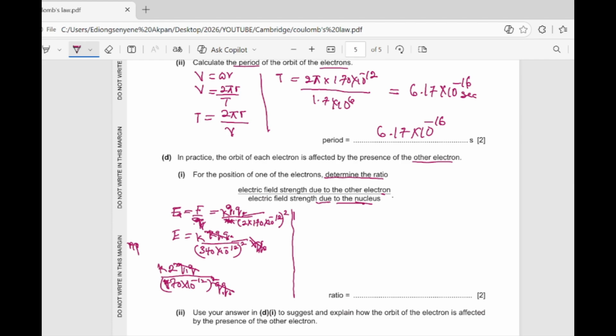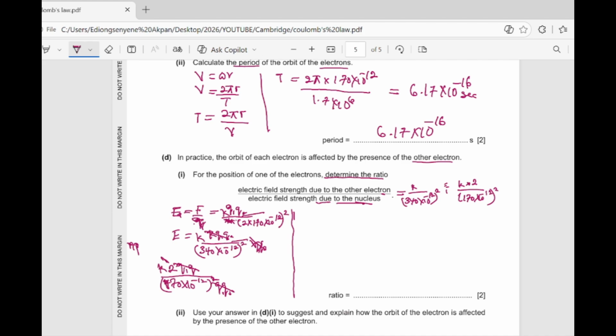For this now, we will have equal to, if we have a k over 340 times 10 to the power of minus 12, all squared, divided by k times 2, the 2 that is here, divided by 170 times 10 to the power of minus 12, all squared.